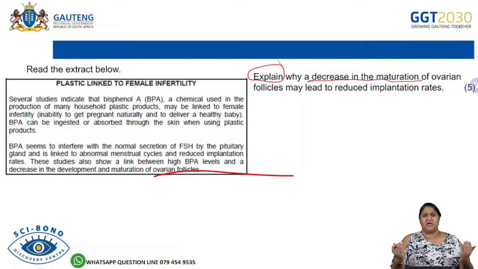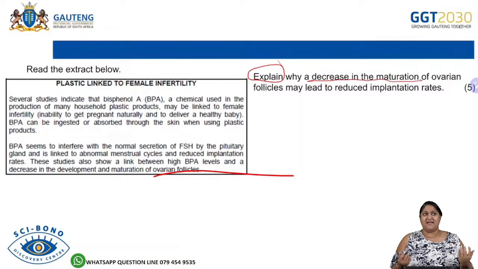Let's just think about it. The Graafian follicle is not going to develop. And what does the Graafian follicle secrete? The Graafian follicle secretes estrogen. What does estrogen do? It builds the endometrium, right? So if there's going to be no Graafian follicle, there's no estrogen, and there's going to be no endometrium for the embryo, or the blastocyst, to implant, right?